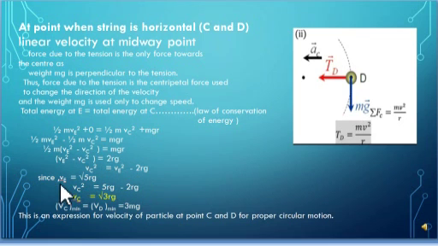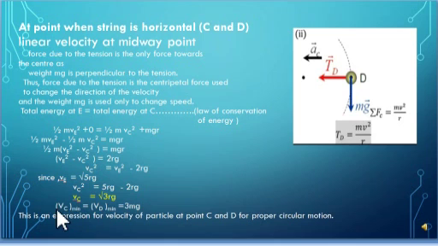Already we have derived the formula for velocity at position E, that is ve is equal to square root of 5rg. Now put this square root of 5rg in this equation. I am getting vc square is equal to 5rg minus 2rg. So by simplifying I am getting vc, velocity at point C or point D, is equal to square root of 3rg.